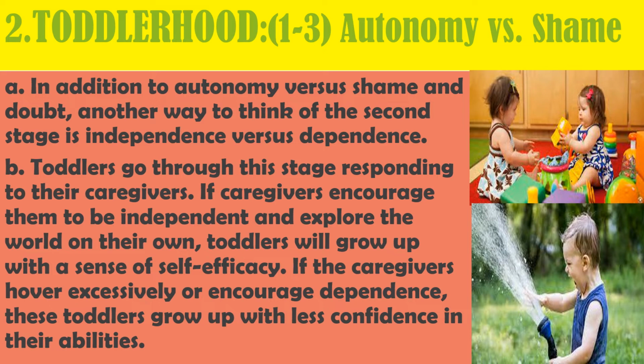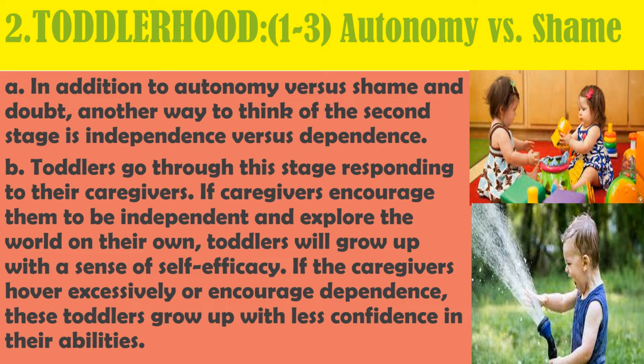Number two stage, toddlerhood, autonomy versus shame. When we say toddler, we mean a young child who is just beginning to walk, or babies between the ages of 1 to 3.